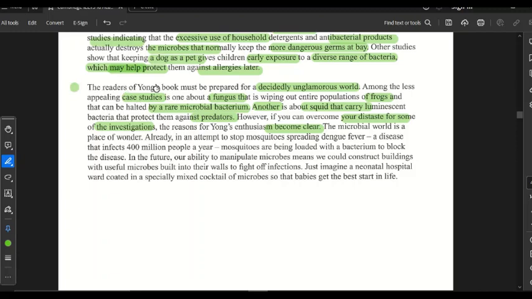The readers of Young's book must be prepared for this unglamorous world, which means something is not nice. Among the less appealing, which means case studies which are not appealing.